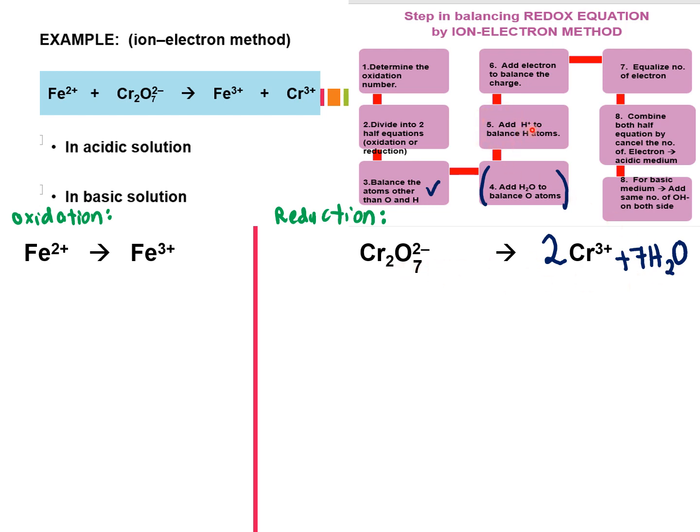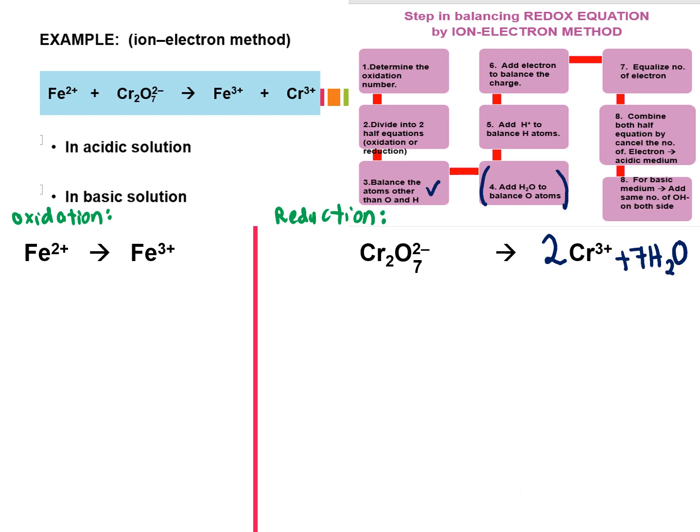Next, step number 5. Add H+ ions to balance the hydrogen atoms. So, same as the previous step, the first half equation does not have any hydrogen atom, so we can ignore the fifth step for oxidation. Look at the second half equation. It contains 7 times 2 hydrogen, which is 14 hydrogen on the right side.